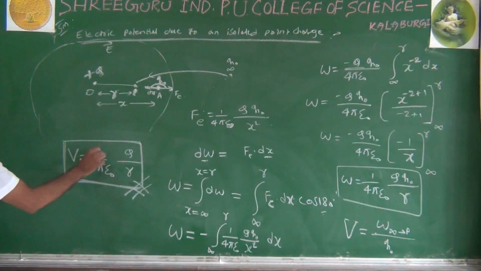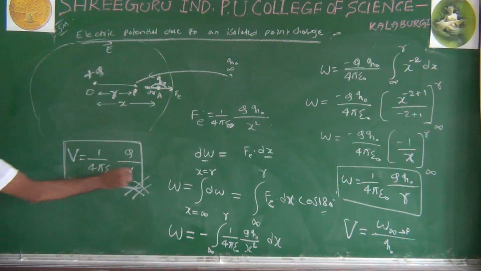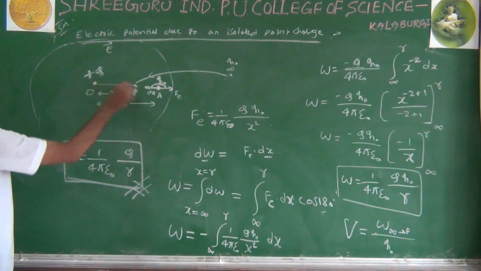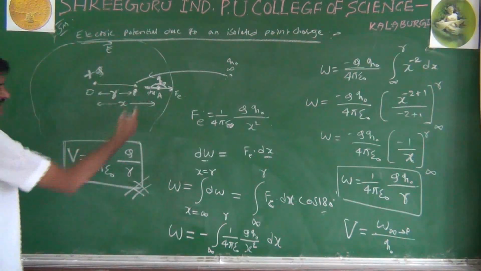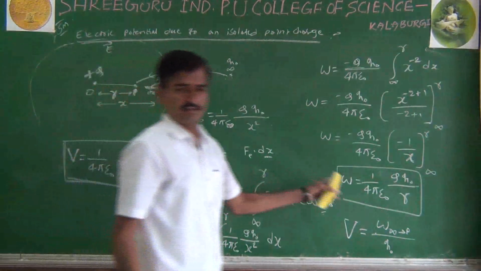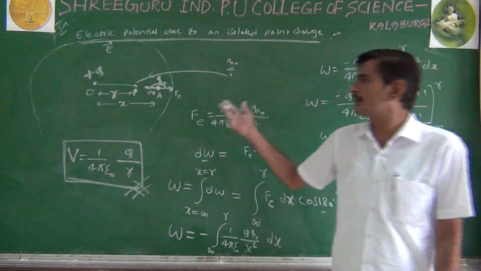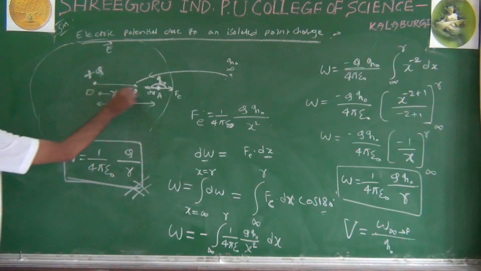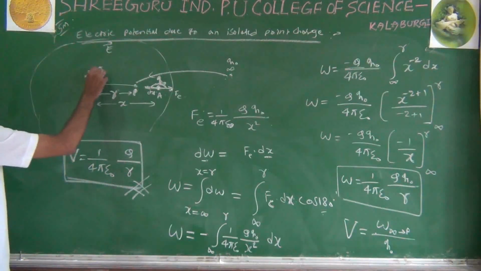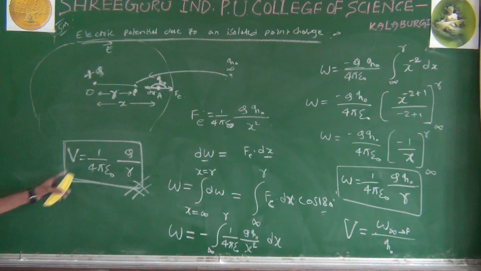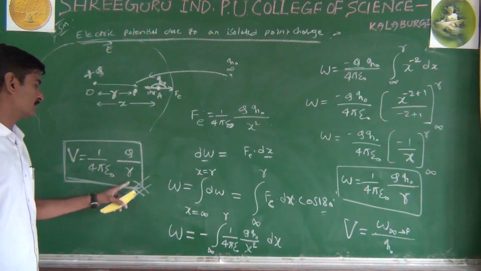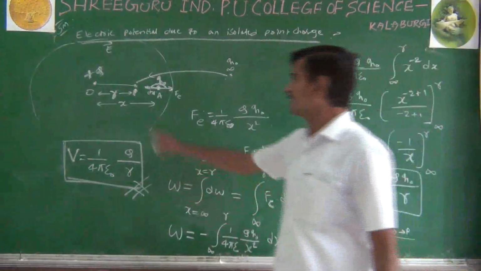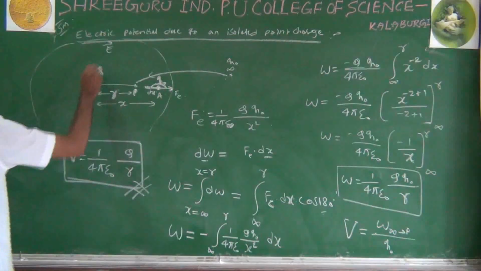From this formula, we understand that the electric potential depends on the source charge, not on the test charge. R is the distance of the point P from the source charge, that is from the plus q. So V is equal to 1 by 4 pi epsilon naught q divided by r. This is the expression for electric potential at the point P due to the source charge plus q.